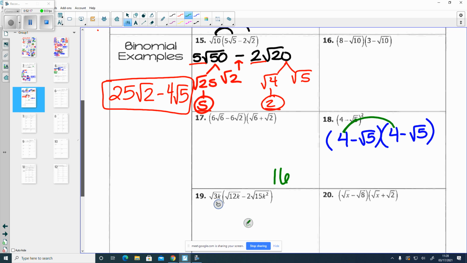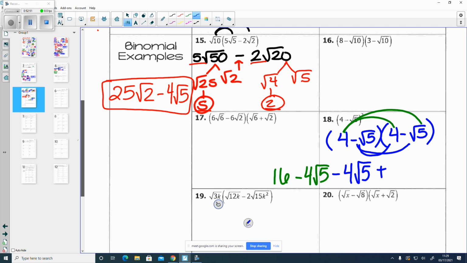I'm going to do 4 times a negative square root of 5. So I'm going to get a negative 4 root 5. Okay? And then I'm going to do negative root 5 times 4. Is another negative 4 root 5. And then negative times a negative is going to be a positive.